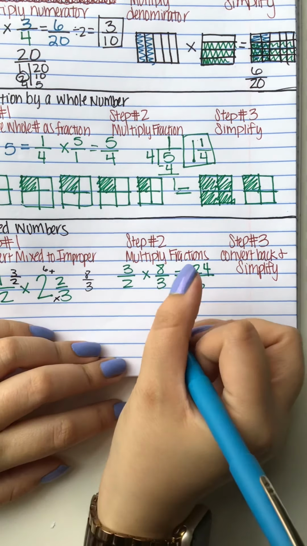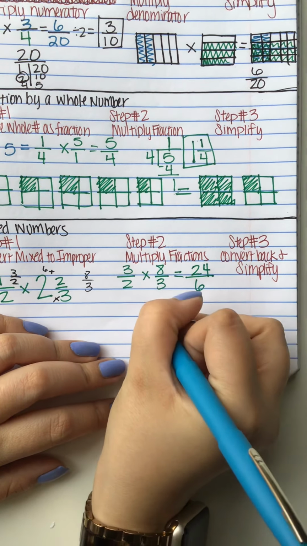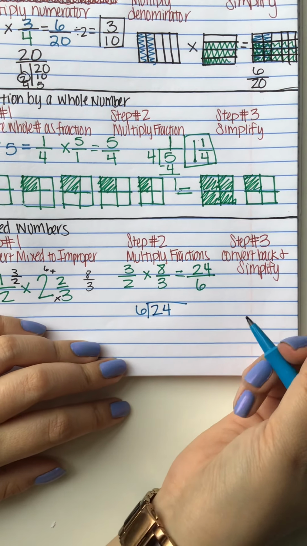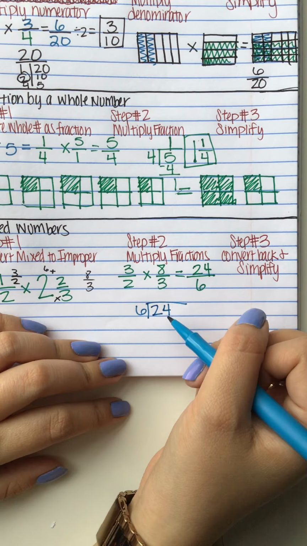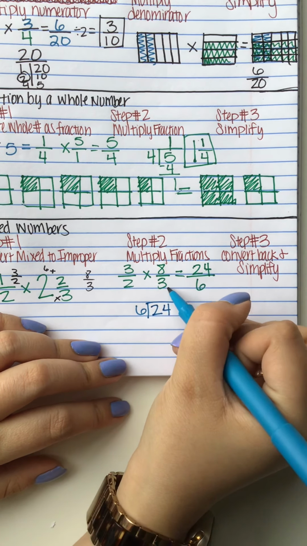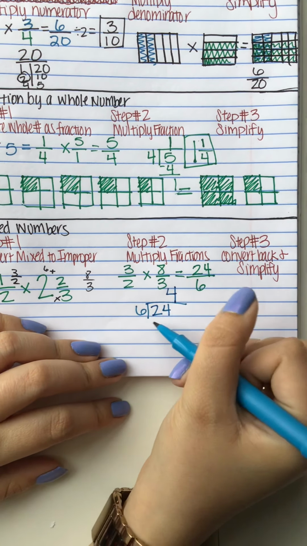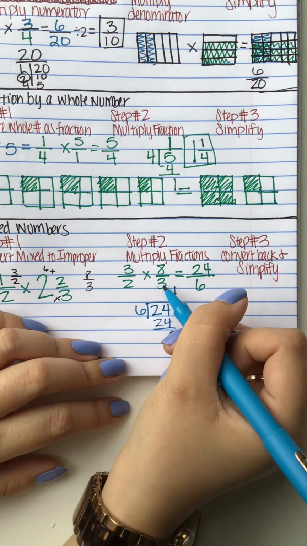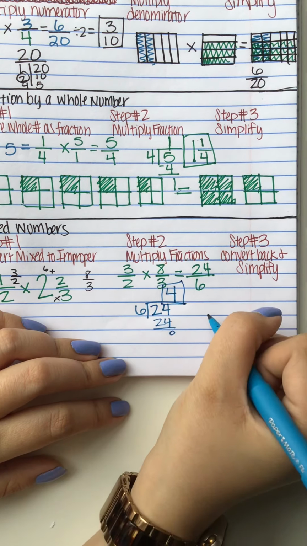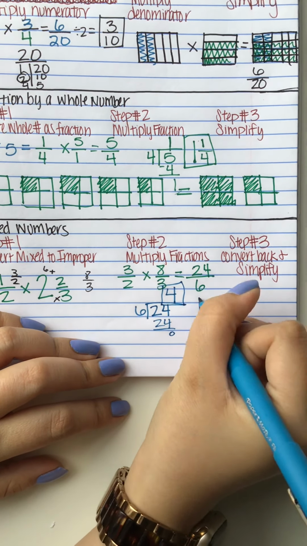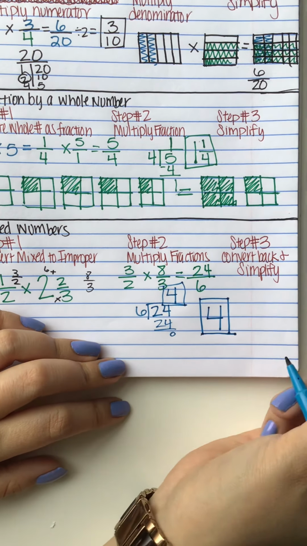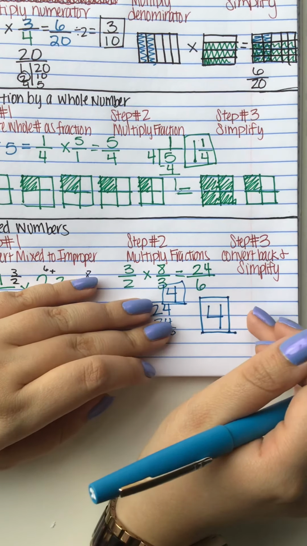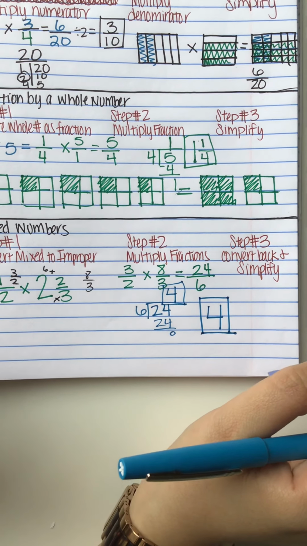So I'm going to do top goes in, bottom goes out. 6 can go into 24 a total of 4 times. 6 times 4 is 24, remainder 0. Well, then that means that I have a whole number right here. My answer is 4. Because it is a whole number, there's nothing else I can do. It is already simplified. I don't have to go any further than that.